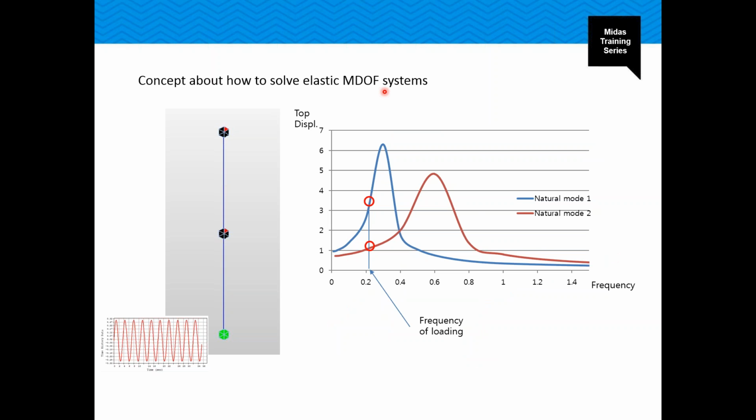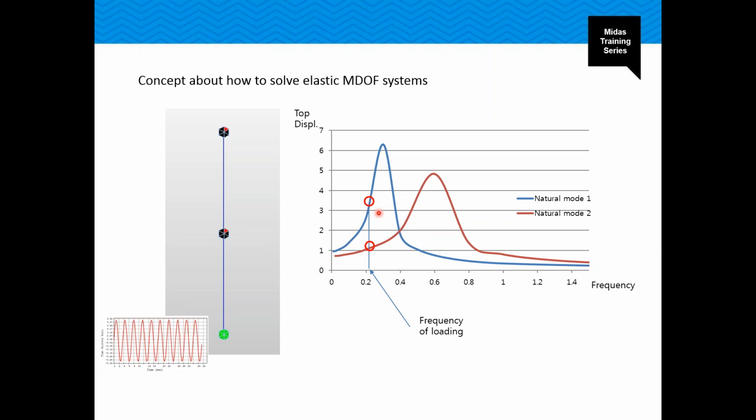In the previous slide, we learned how the frequency of loading affects displacement in the SDOF system. Now we will see how the displacement can be determined for an elastic MDOF system based on the frequency of loading. As shown in this image, the displacement of the MDOF system will be determined by the combination of displacement of mode 1 and mode 2.